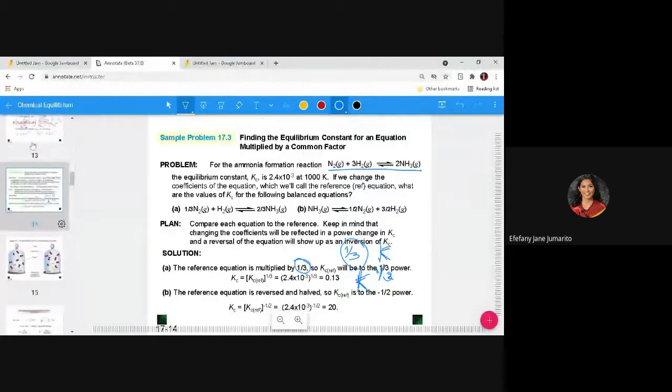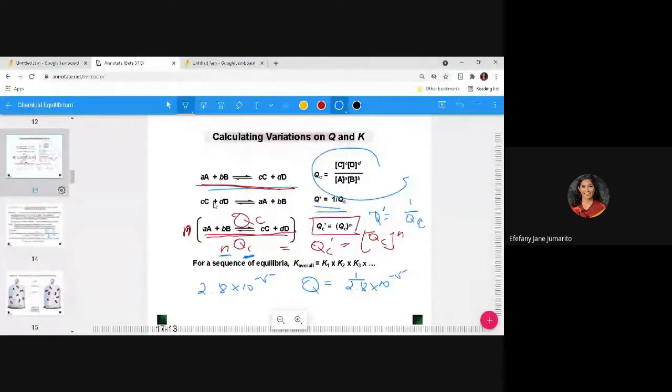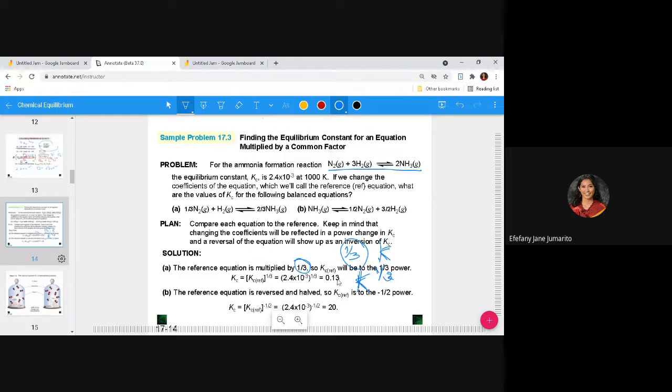Because class, the reference means this one. This one is your reference. It could be Q reference or K reference. This is your Qc reference, and times N it becomes Qc reference raised to the N. Now if we have 1/3 as our factor, the 1/3 here will become our exponent.